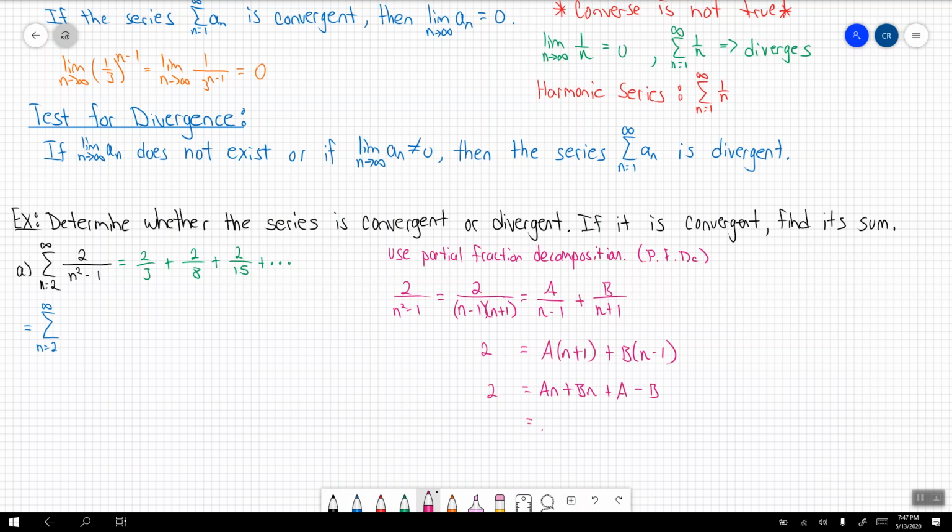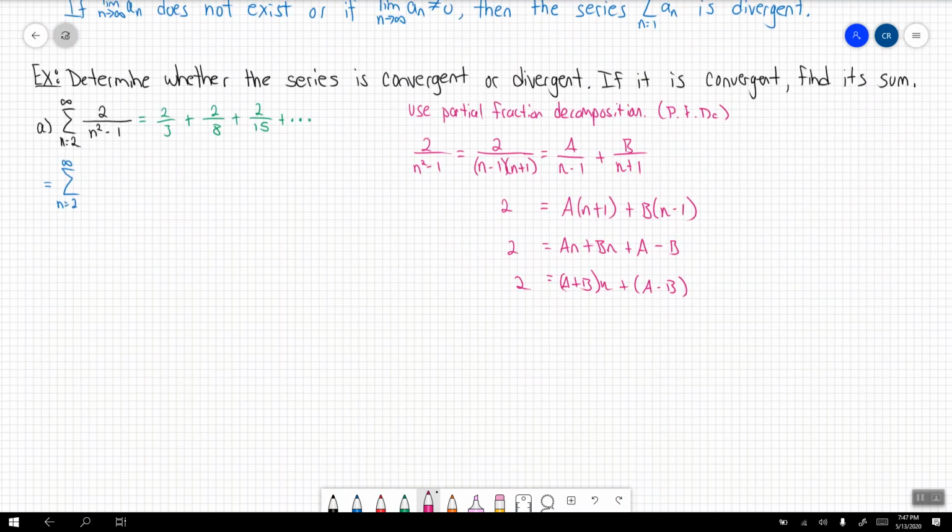And then we're going to have that (A plus B) multiplied by n, plus (A minus B), is equal to 2. So here we have that A plus B must be equal to 0, and we also have that A minus B must be equal to the constant of 2.